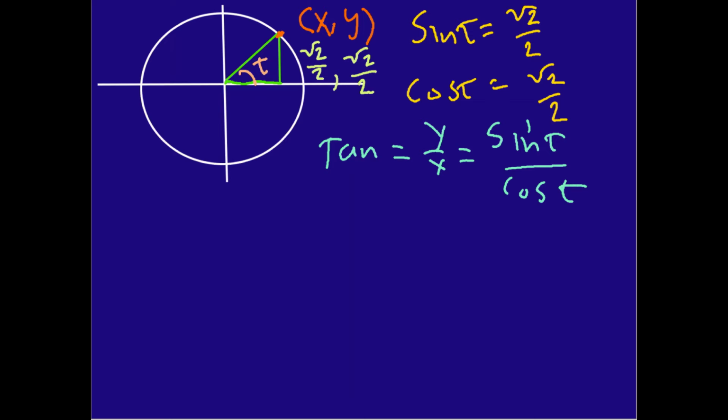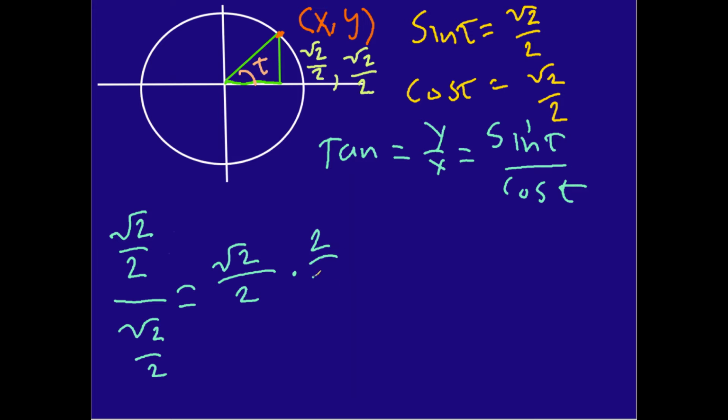If we look at our example here, we have sine of t on top, which for us is square root of 2 over 2, divided by square root of 2 over 2. Now this also equals square root of 2 over 2 multiplied by 2 over square root of 2.